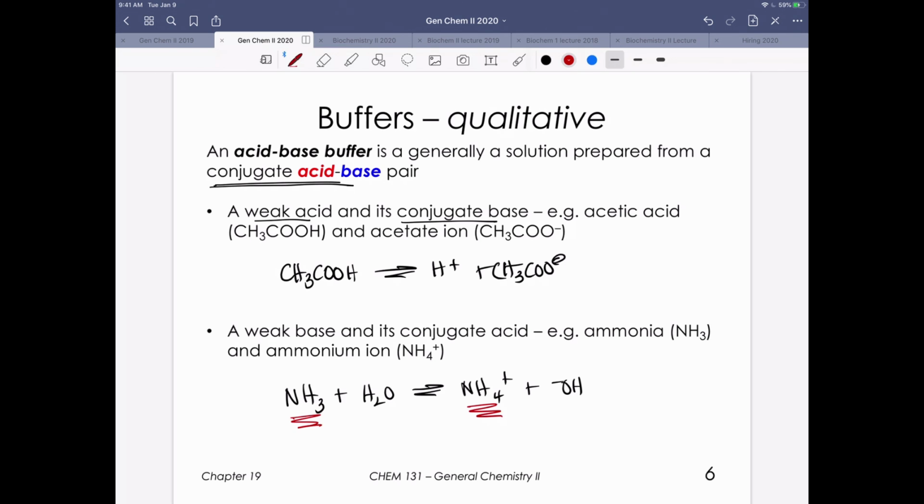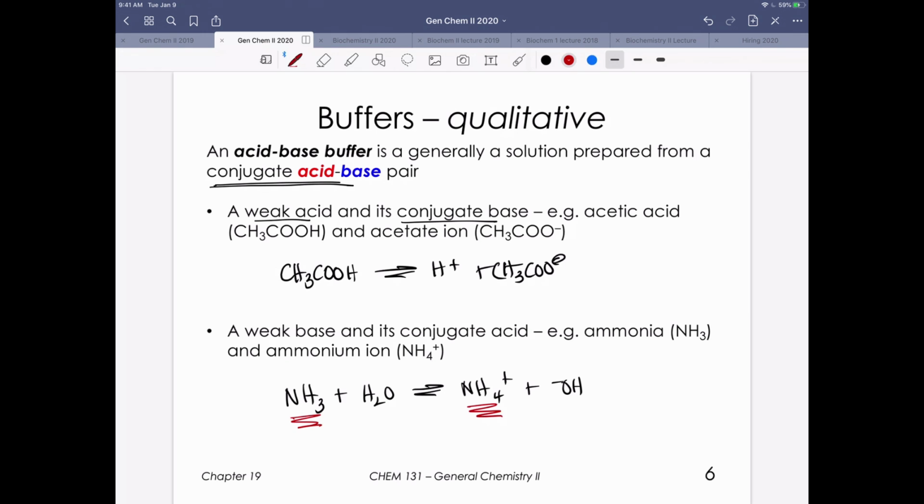We're not saying that this equilibrium happens and creates both of these by only adding one component. We're really going to be adding both of these components to the same solution and generating a buffer. So that's qualitatively how you make a buffer: you need to mix together a weak acid and its conjugate base, or a weak base and its conjugate acid.